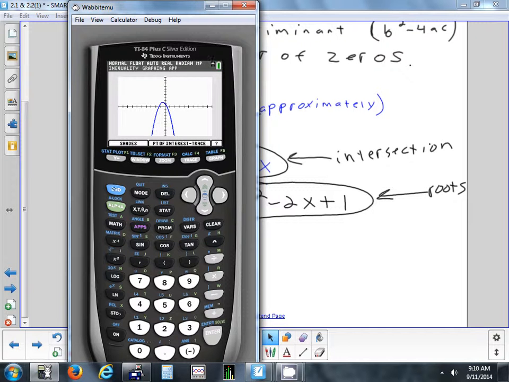So second calc, 0. Okay, I'll do the one on the left. If somebody else can get the one on the right, that'll be helpful. So pick a point to the left, pick a point to the right, and do the guess. So one answer is about negative 1.37. Okay, negative 1.37.